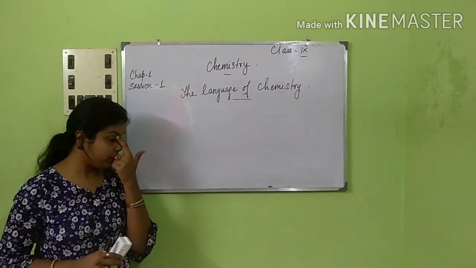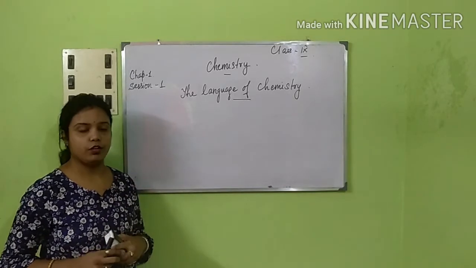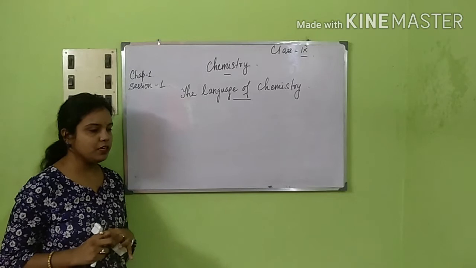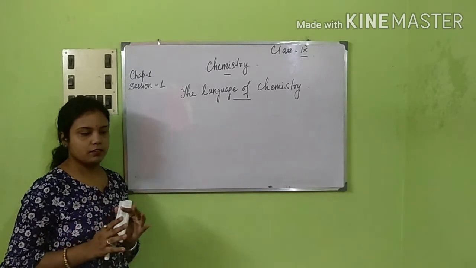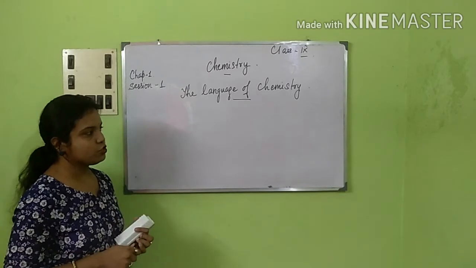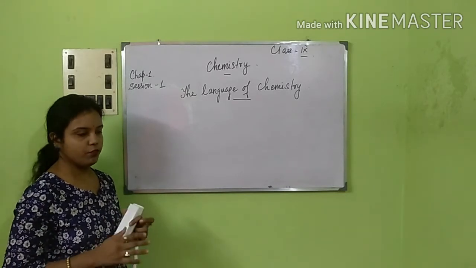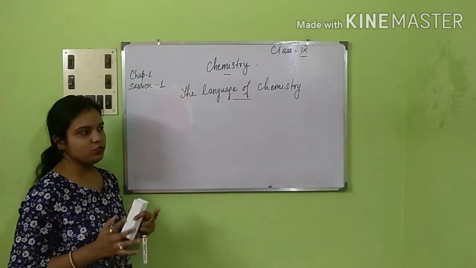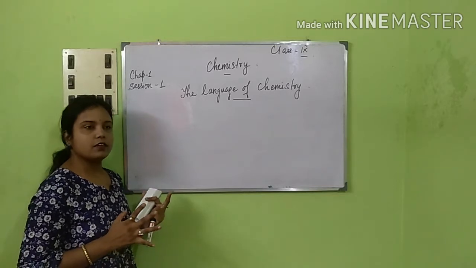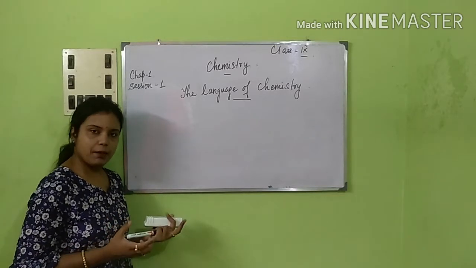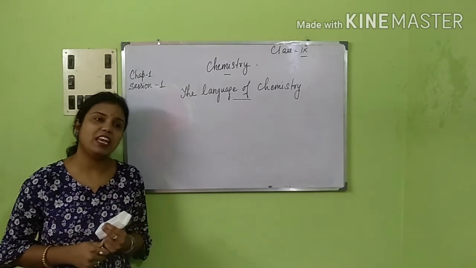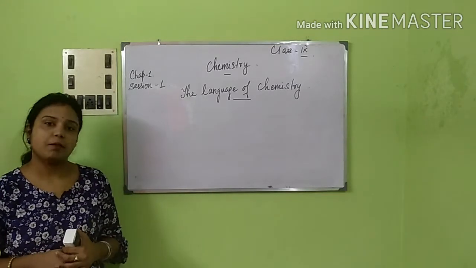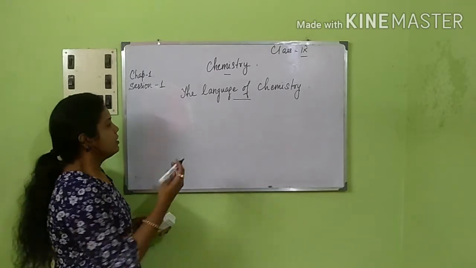Now, coming to the next part, that is chemical formula. A chemical formula is actually the molecule of a substance, or rather you can say 2 to 3 different types of elements combined to form a compound. Now these compounds are also given particular names. How do we name these chemical compounds? We'll come to it.